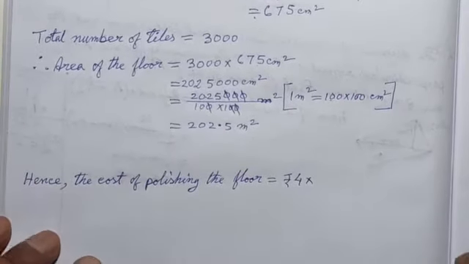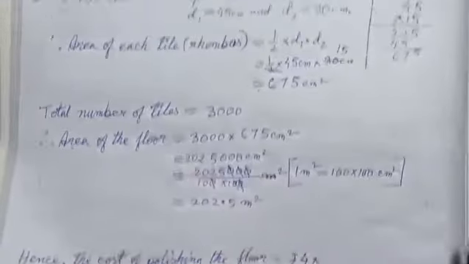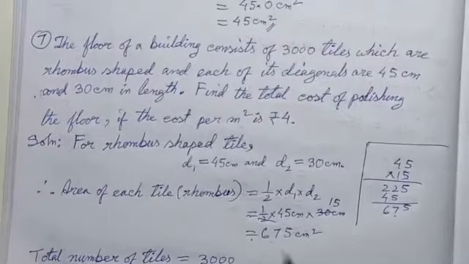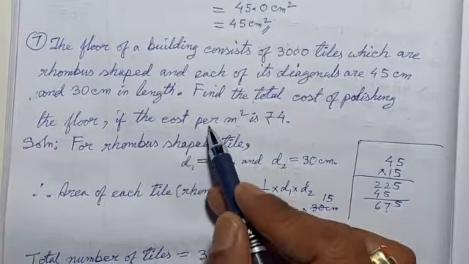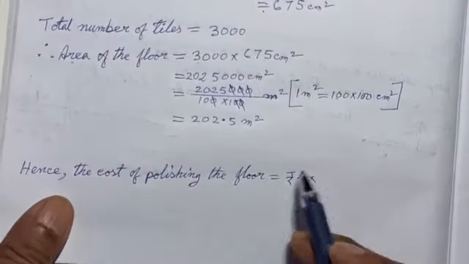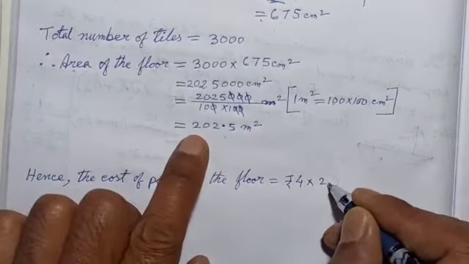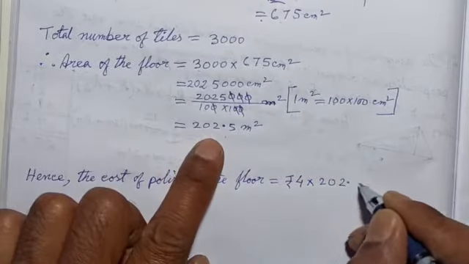Hence the cost of polishing the floor is, in the question it is given that the cost of polishing per meter square is rupees 4. So this rupees 4 will multiply the area of the floor, that means rupees 4 into 202.5.